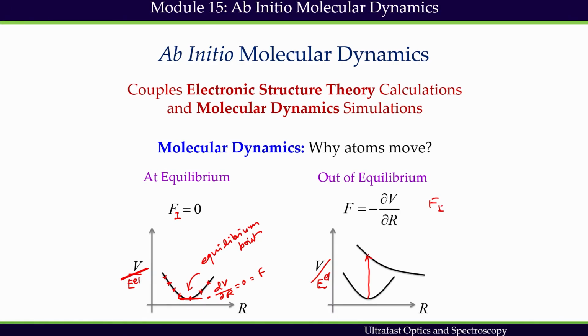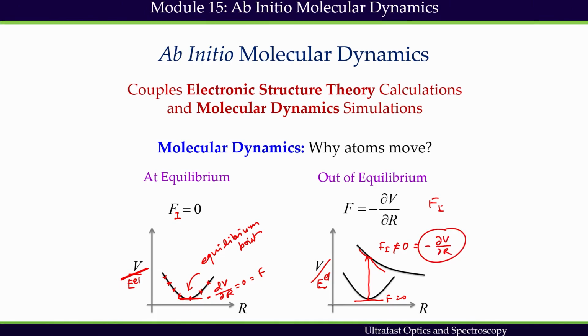At the ground state point the force was 0 because the potential gradient was 0. But at this point the potential gradient is not necessarily 0, and in that case the force F acting on the ith nucleus is not going to be 0, and that can be calculated from the potential gradient at that point.